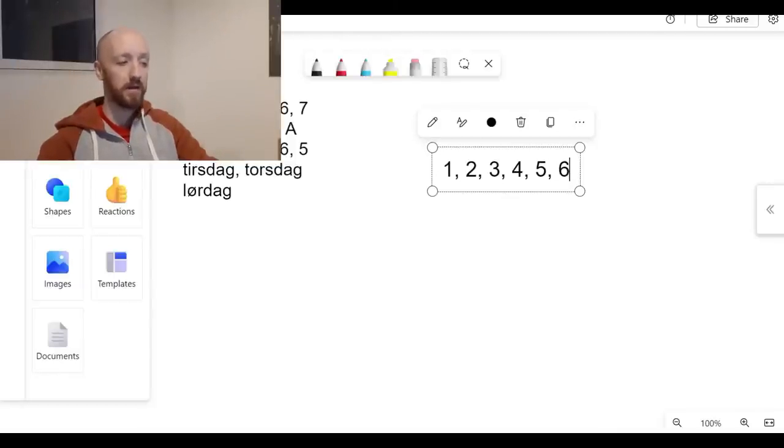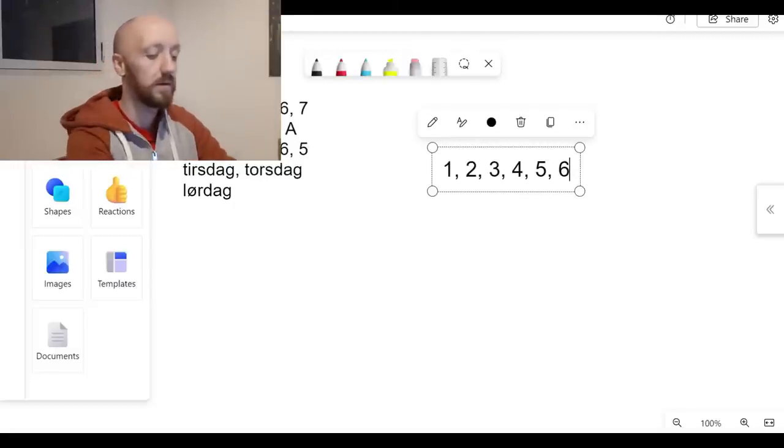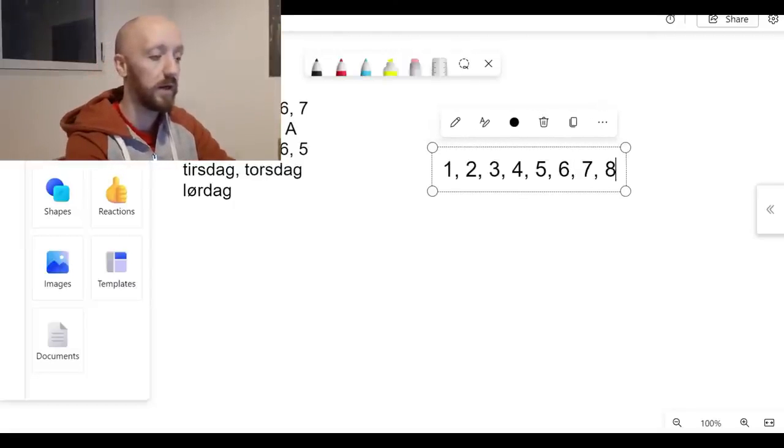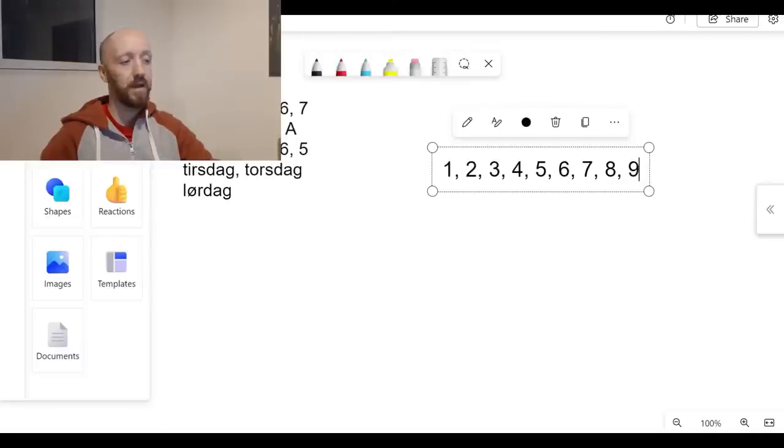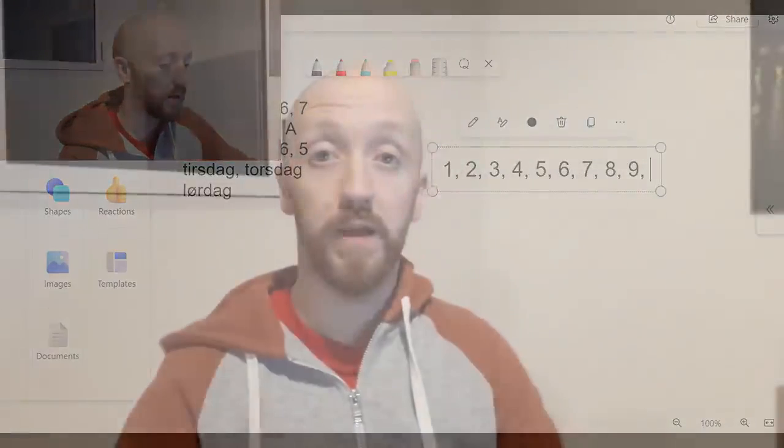Januar, februar, marts, april, maj, juni. Juli, august, september. Juli, with an L, juli, august, september. Sådan der. Okay, so from here, it's easy because it's basically the same as English.